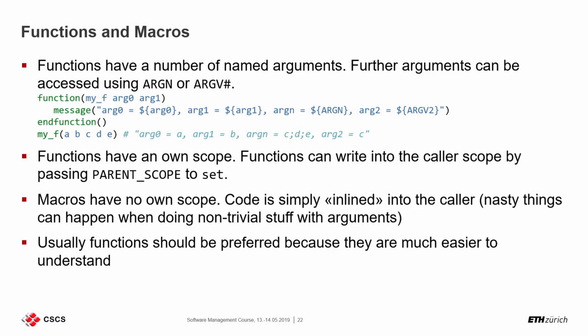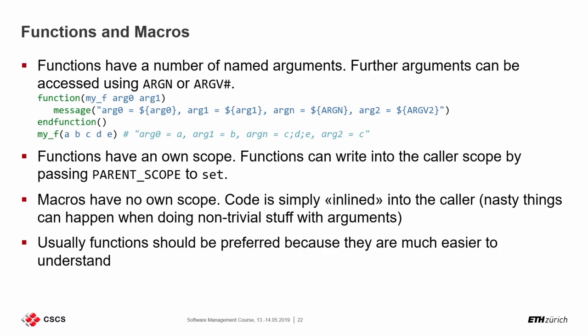So let's make an example. You have myf, and now I explicitly mention arg0 and arg1. Now if I pass in 3 arguments, then I can still get the value of the third one by using argn, which contains a list of all the rest.